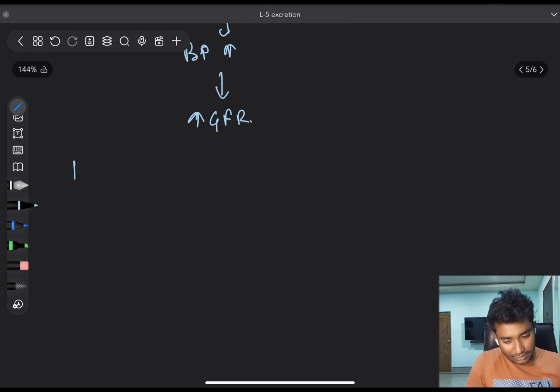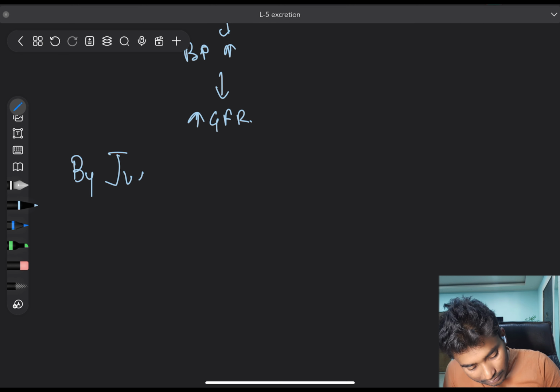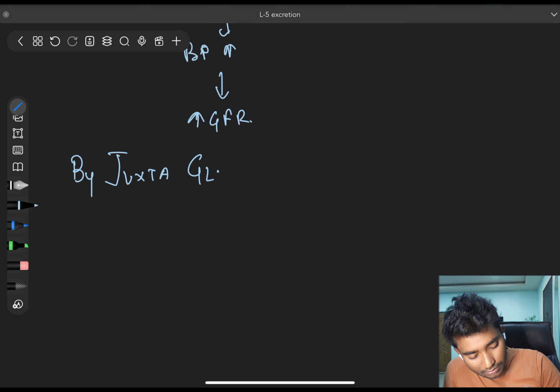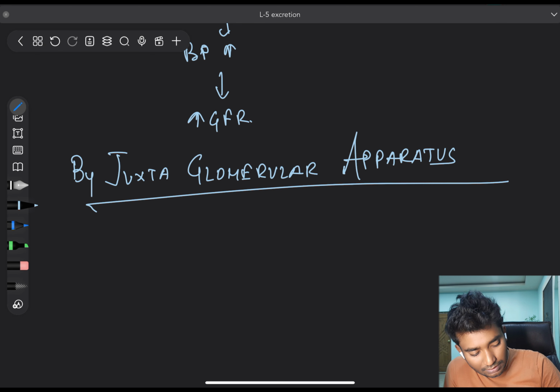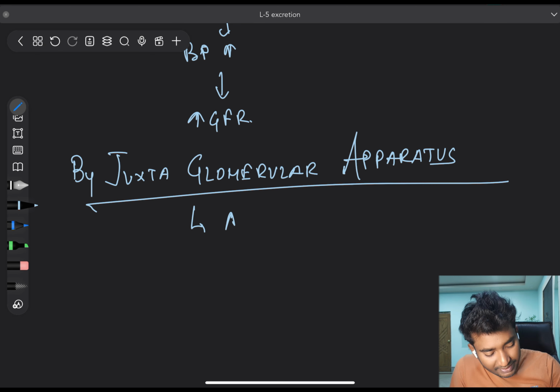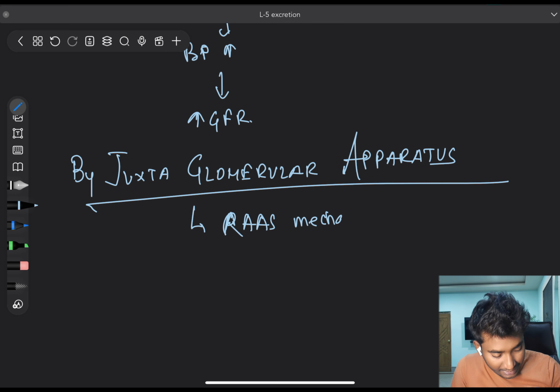Now come to the next part. By the juxtaglomerular apparatus. It controls the RAS mechanism. RAS, that is renin, angiotensinogen, aldosterone mechanism.